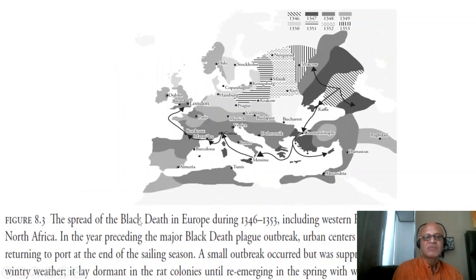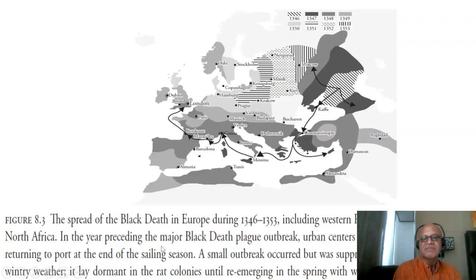Okay, the spread of the Black Death in Europe during 1346 to 1353. So you can see there are multiple regions with different years of plague, including Western Russia going in here and into the Middle East, and North Africa down here, Alexandria, Egypt, Damascus, Syria down there, but Tunis and so on here.